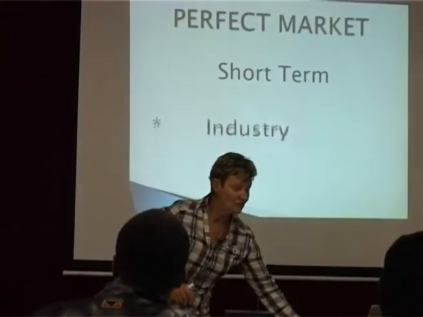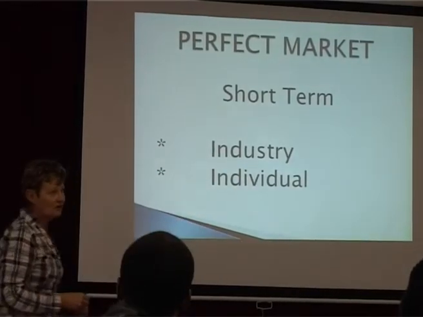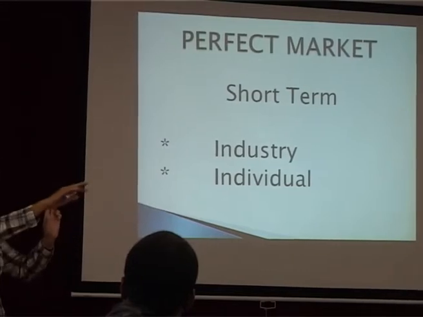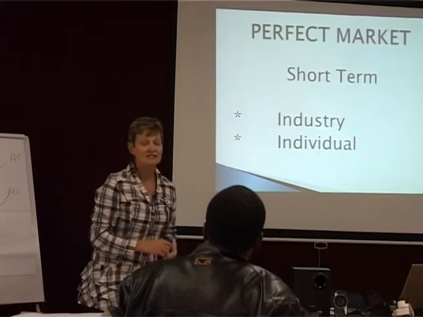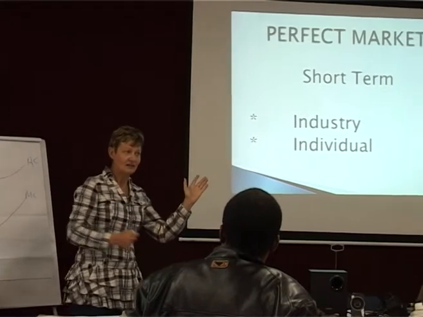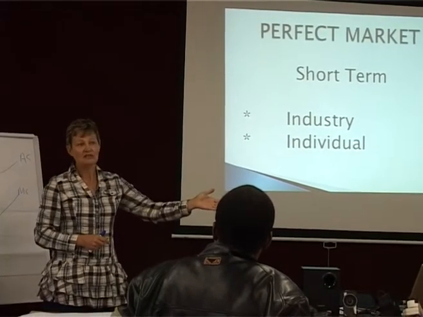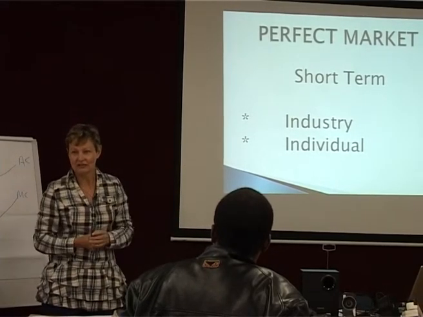Then we are going to look at two examples, first the industry and then the individual graph. It's necessary again because they need to see where that individual graph comes from. That's why we must first look at the industry. Now when we talk about the industry, we can touch back, like Irma also did yesterday, and say, remember the perfect market's characteristics?